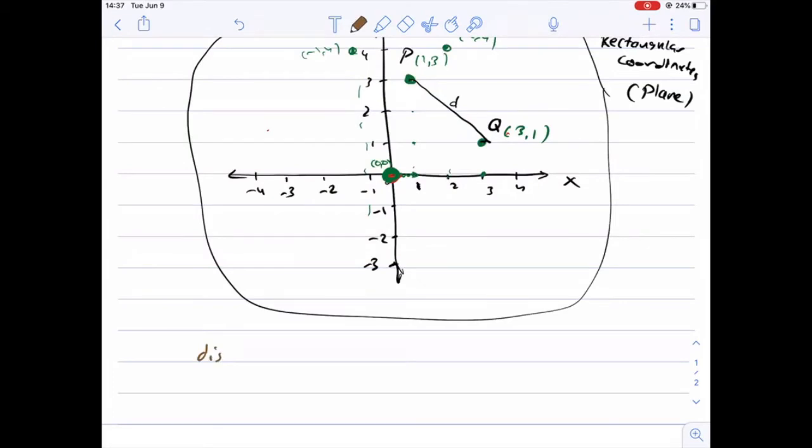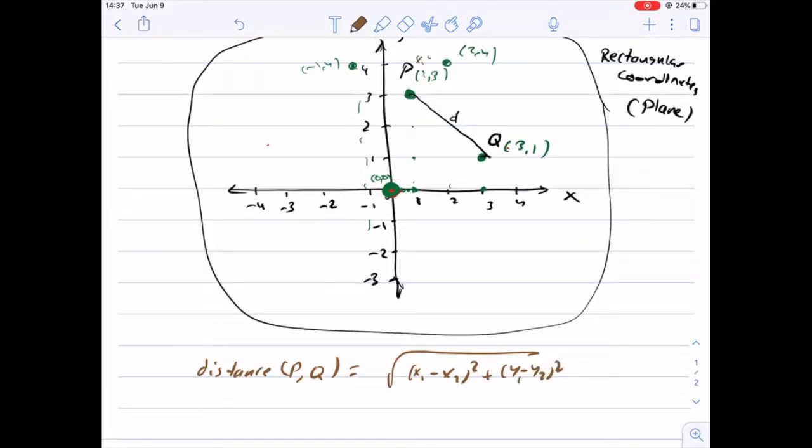The distance between P and Q is the square root of (x1 minus x2) squared plus (y1 minus y2) squared, where this is (x1, y1) and this is (x2, y2).